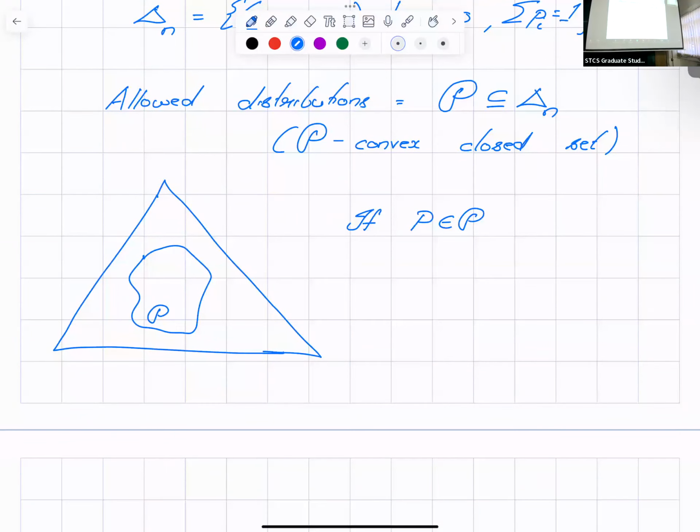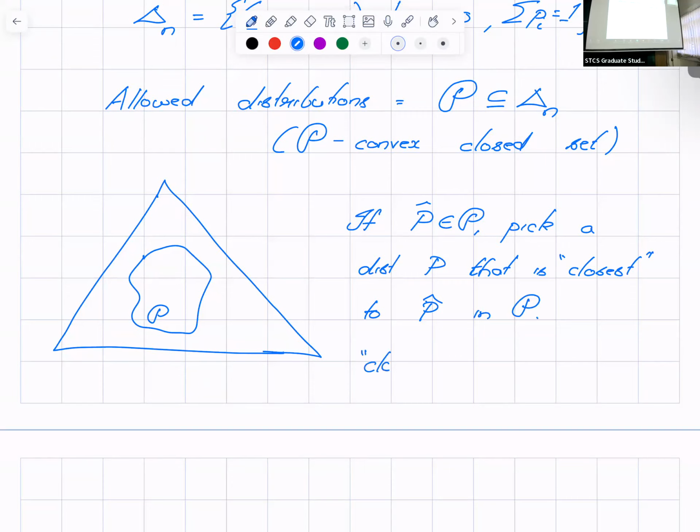So if P hat is not in P, pick a distribution P that is closest to P hat in the set P. For the notion of closest, we can use different things.